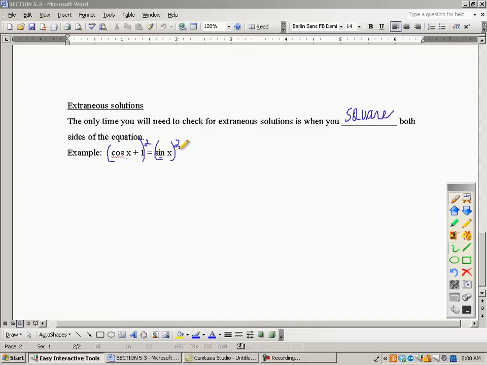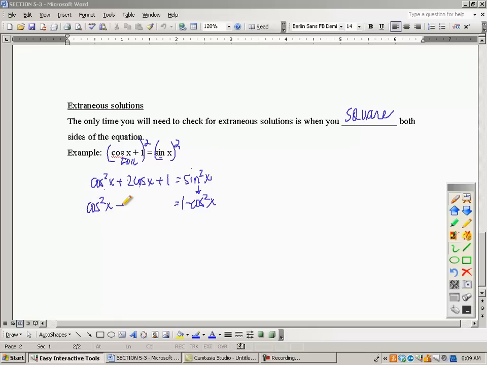Okay, now please be careful when you square both sides, because when you square this, you have to FOIL. So you get cosine squared plus 2 times the cosine plus 1 equals the sine squared of x. Now here you notice I have multiple cosines, so I'm going to replace the sine squared with 1 minus cosine squared.